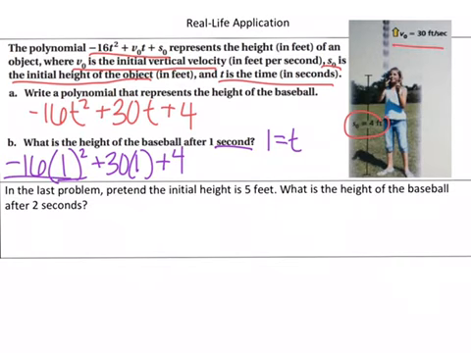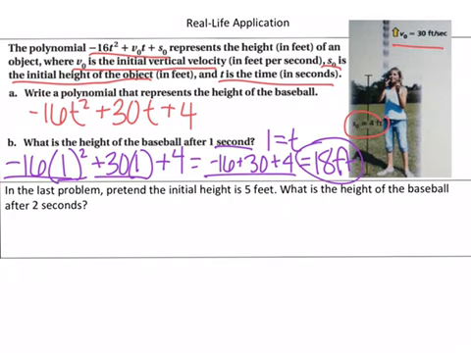So negative 16 times 1 is negative 16. Plus 30 times 1, which is 30, plus 4. So now we're going to go ahead and add all of it together. So negative 16 plus 30 is 14, and then plus 4 is 18. So the height of the baseball after 1 second is 18 feet in the air.